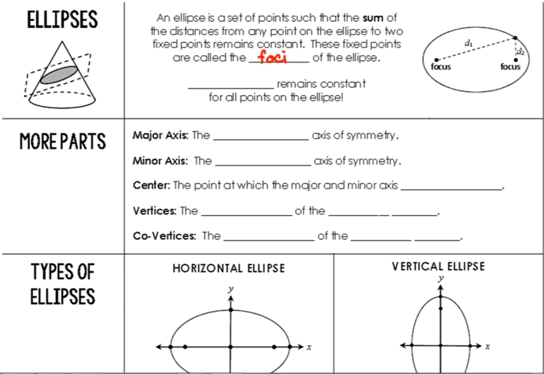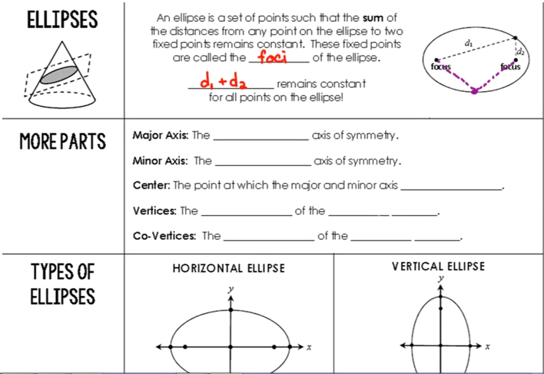And D1 plus D2 remains constant for all points on the ellipse. So let me just pick another random point. Let me pick a point down here. If I go from this focus and find that distance, and from this focus and find that distance, obviously those distances are different from the original ones on your picture, but the sum of those distances is the same.